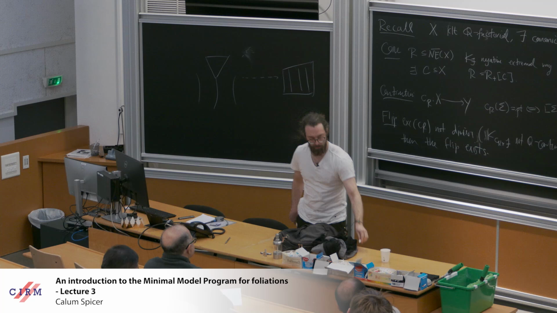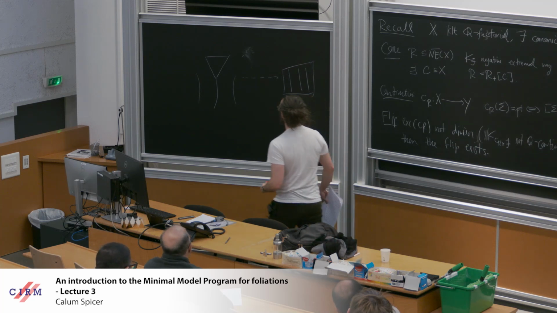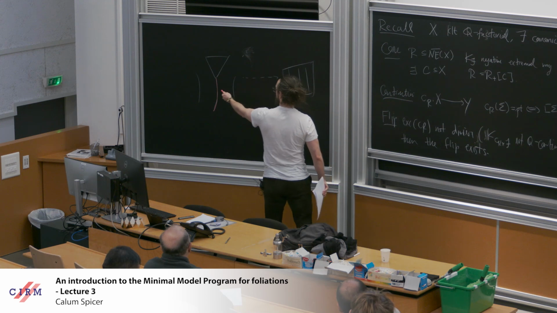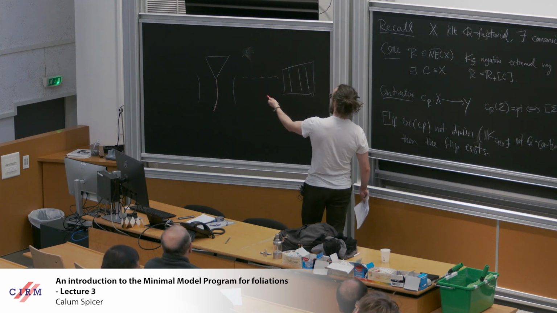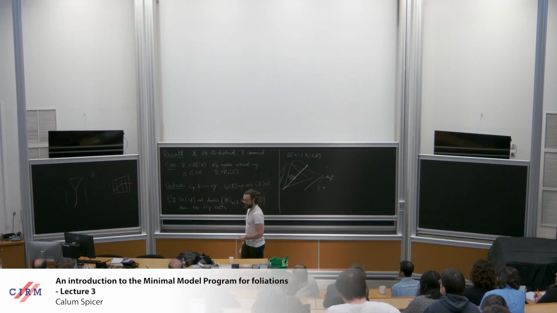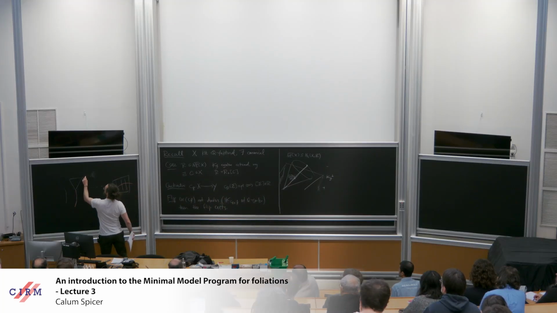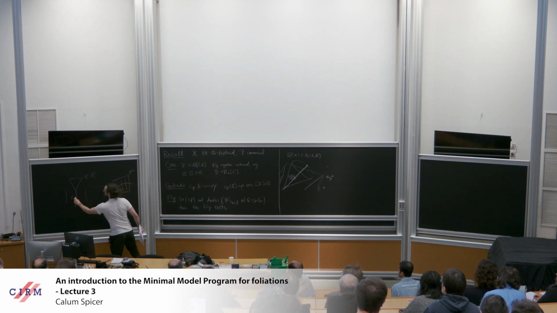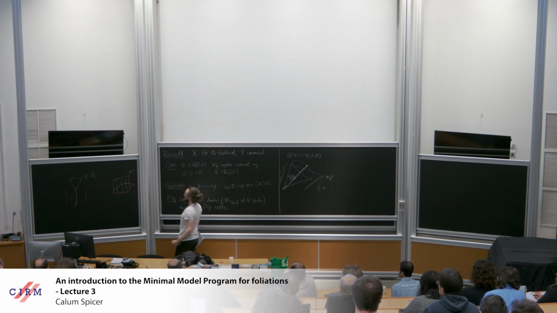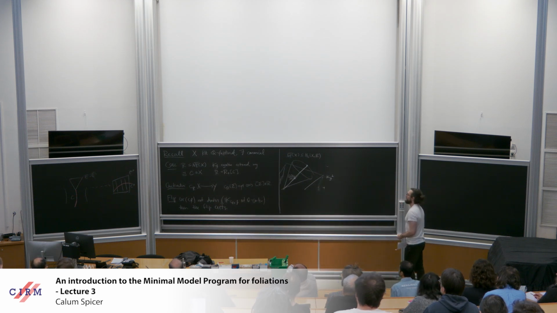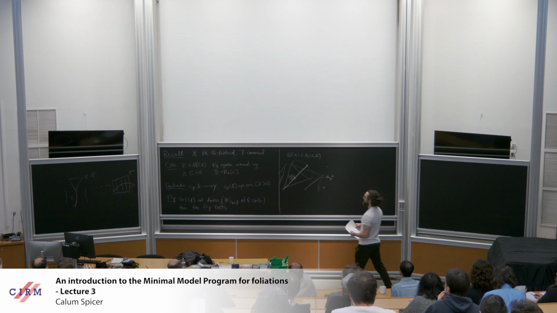To emphasize what was happening, we were flipping this red curve in the broken fiber into a section here. And this is the transform of P2. So this is some exceptional divisor. This is called E plus. Here was C. Here was C plus. So we had these surgery operations called flips, which would fix things for us.